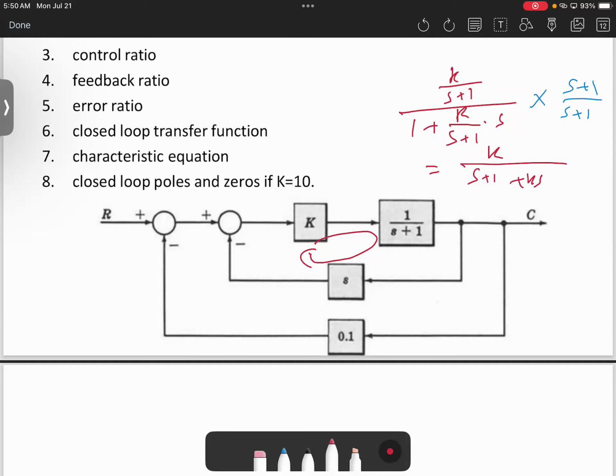Take S as a factor in the denominator. This yields K over 1 plus KS plus 1. Correct? Where? Here's S plus 1 plus KS. Take S as a factor. So this one and this one will be 1 plus K. And this one will go here, right?